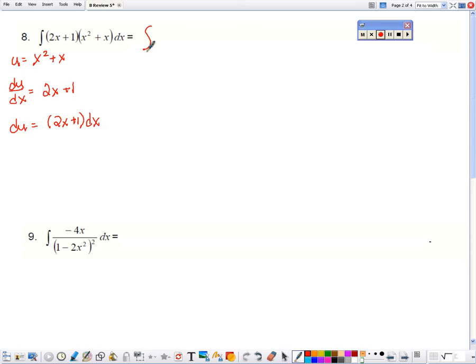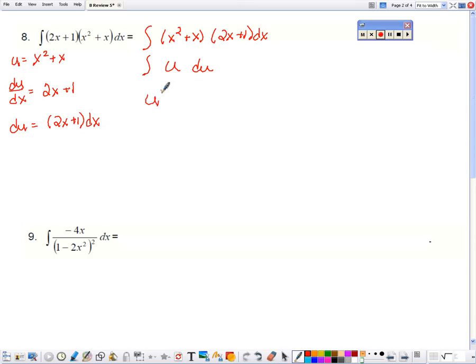So reorganizing my integral, we have u du. So instead of x squared plus x, I substituted in u, and 2x plus 1 dx, I substituted in du.